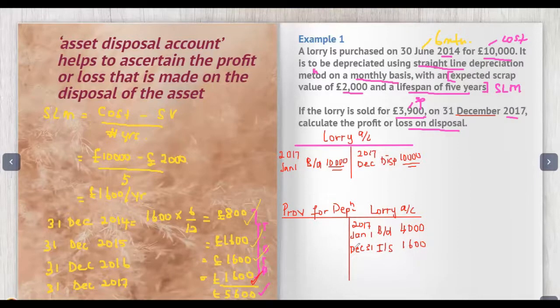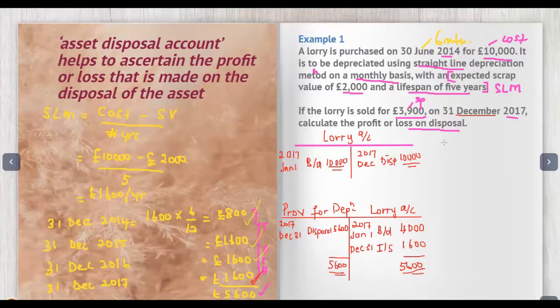Now on 31st December, we disposed of this asset, so we have to transfer this to your disposal account, which is altogether 5,600. That's it. So the depreciation account is done.